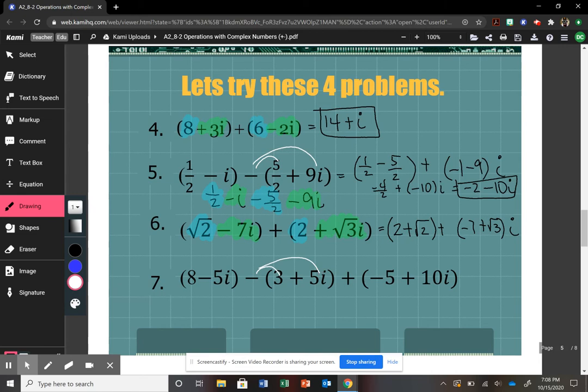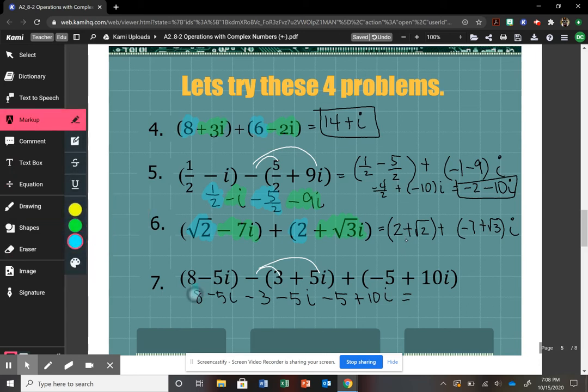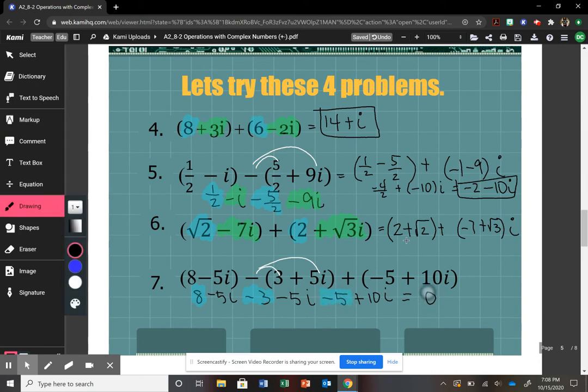Let's distribute this negative. 8 minus 5i minus 3 minus 5i minus 5 plus 10i. Right, so here we go. 8 minus 3 minus 5 gives me 0.